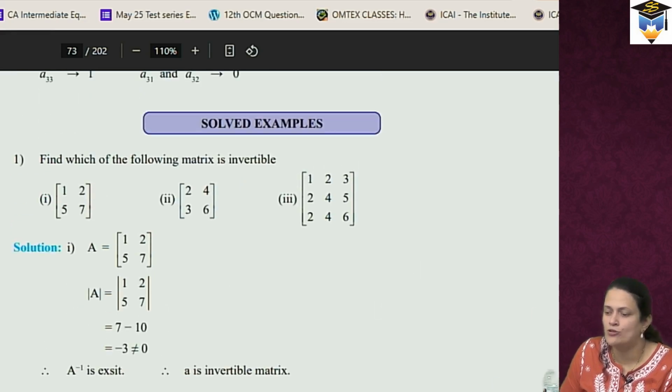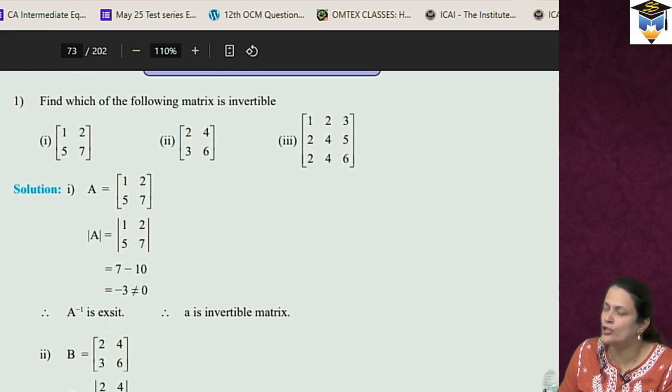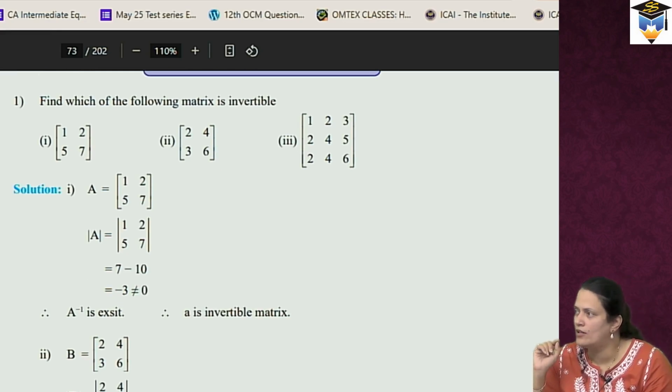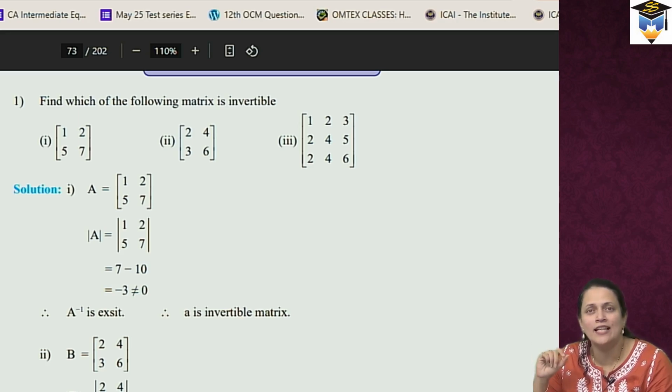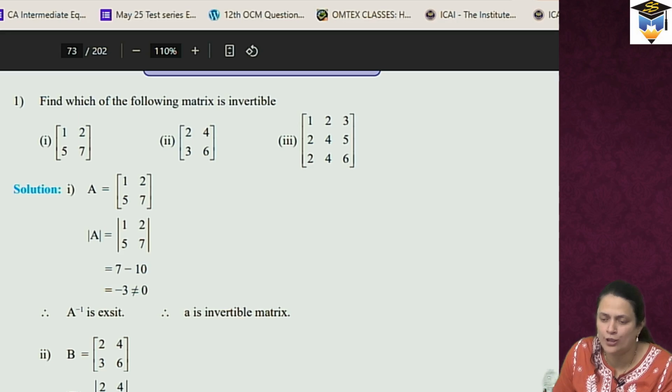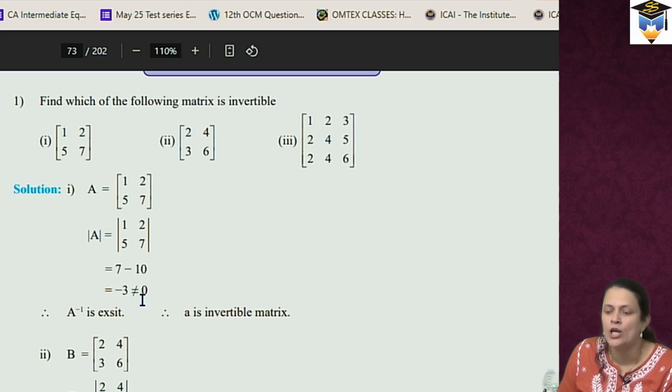Okay, now see, what is the condition to state that a matrix is an invertible matrix? Invertible means what? First, you will find out the value of the determinant, as you can see over here. Value of determinant A comes out to be minus 3, which is not equal to 0. So when the value of the determinant is not equal to 0, then we say that A inverse exists.